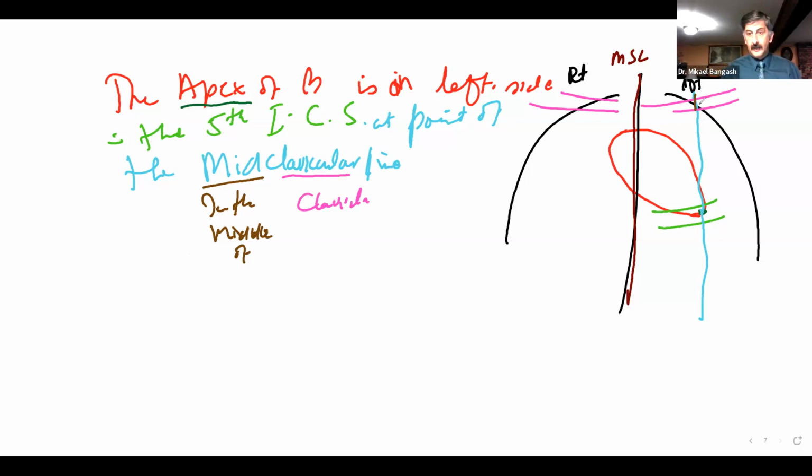That line is generally referred to as the mid-clavicular line. This mid-clavicular line crosses the fifth intercostal space, which is where you normally will find the apex, and where you can feel the apical pulse.